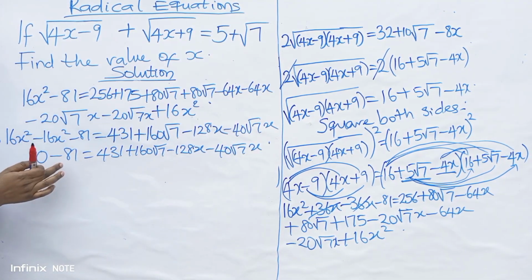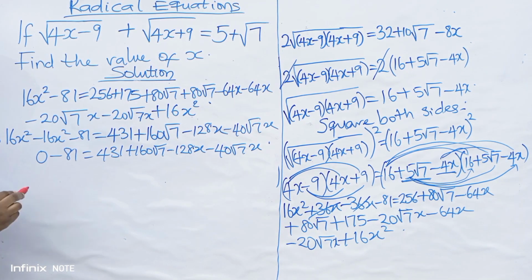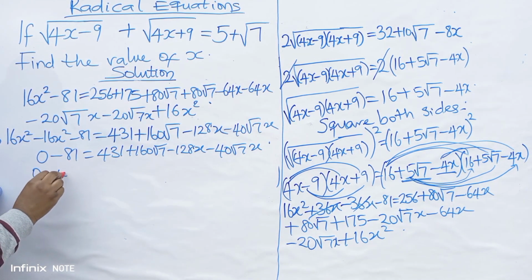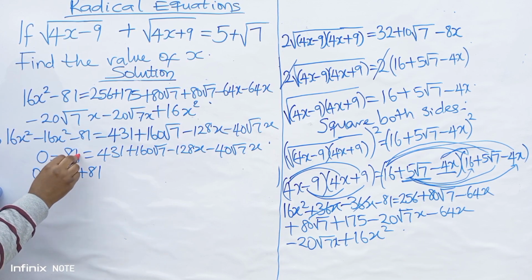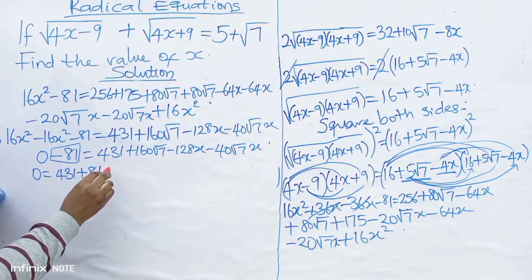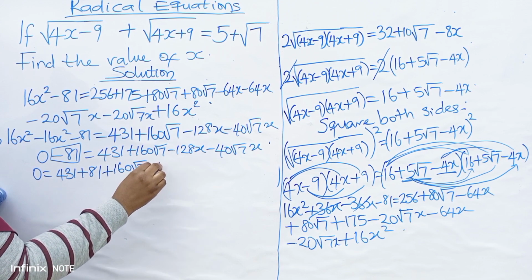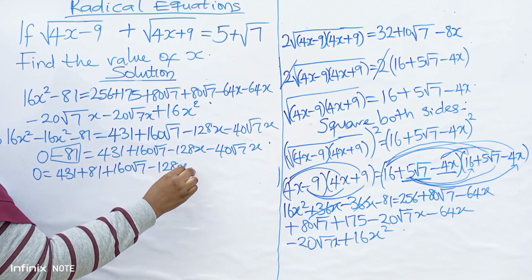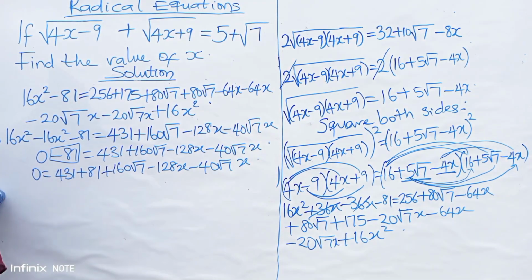So from here, let's minus 81 come and meet 431 here. So I have 0 is equal to 431 plus 81. Minus becomes plus when it goes out. So plus 160 root 7 minus 128x minus 40 root 7x.